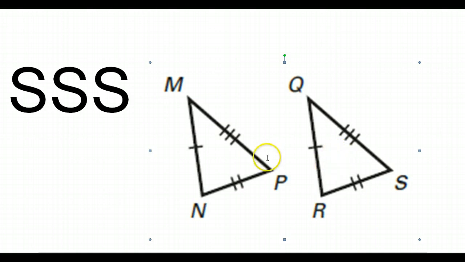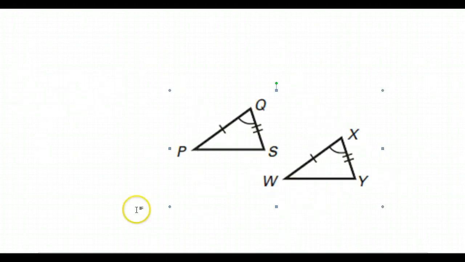What was the other situation we found where we didn't actually need all 6 to know that the triangles were congruent? What were the other 3 pieces of information we could get away with? Here is the other one that we talked about.